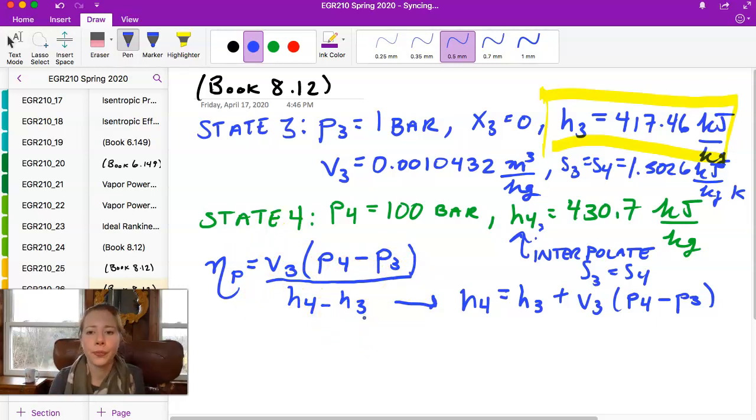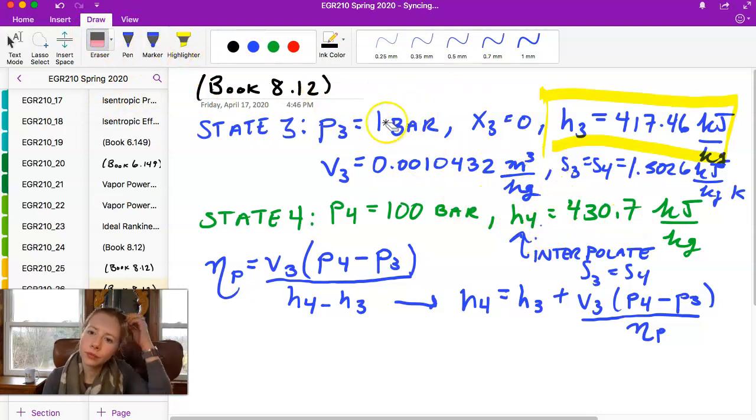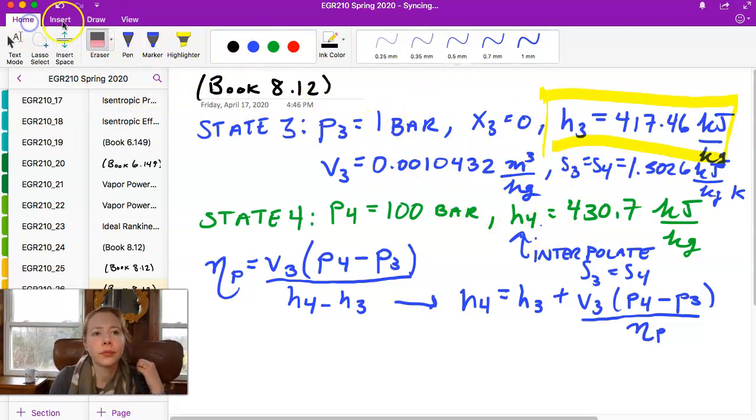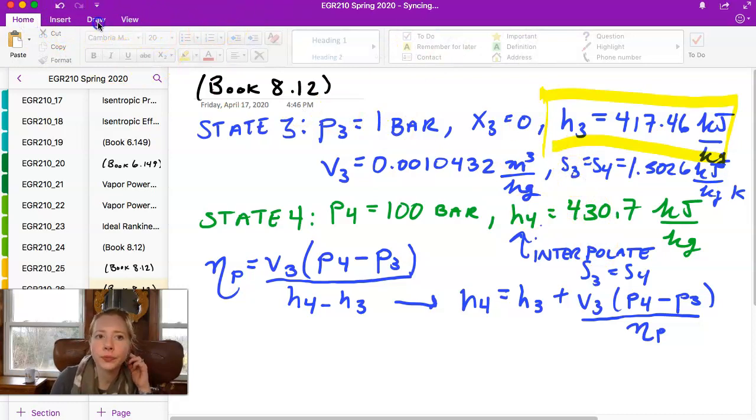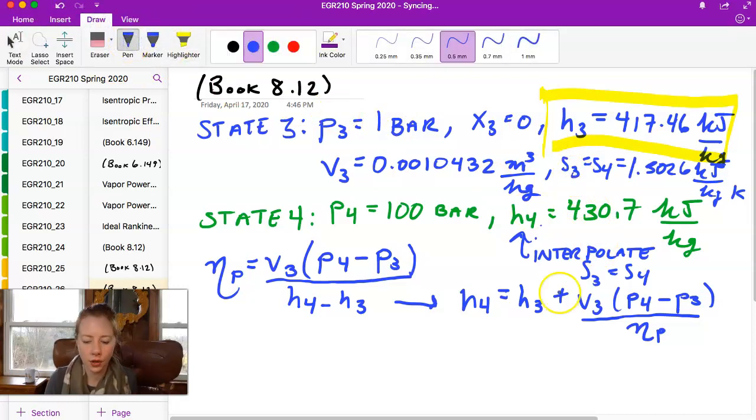So then you divide by eta P, and we get out H4 is 430.7 kilojoules per kilogram. So a couple ways of trying that out.